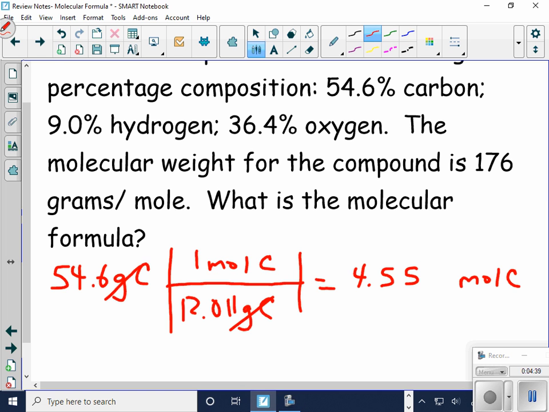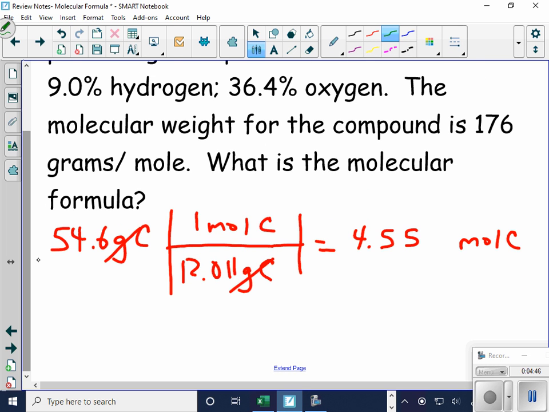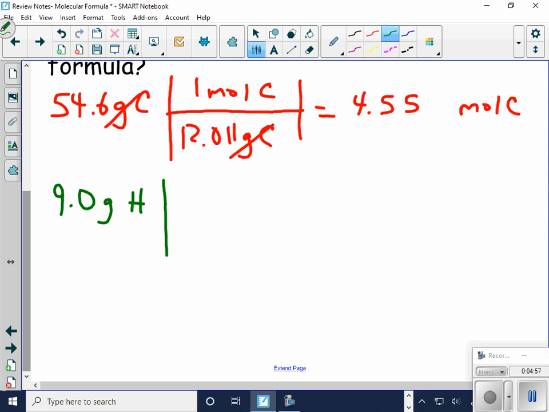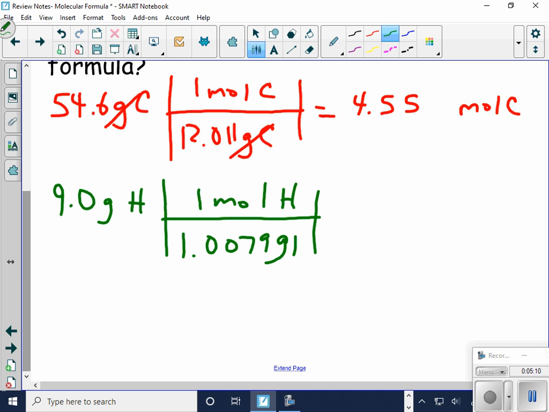My next step is to find 9.0 grams of hydrogen. I'm going to once again flux capacitor that. So I know that 1 mole of hydrogen has 1.0079 grams of hydrogen.